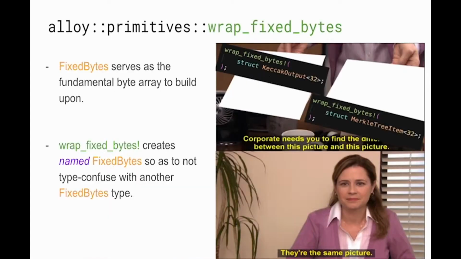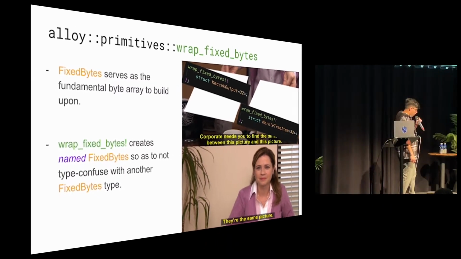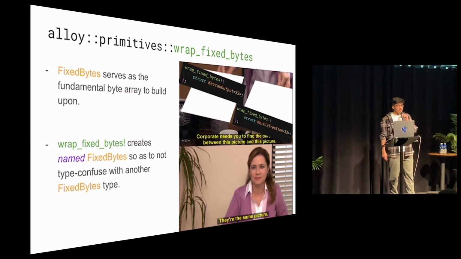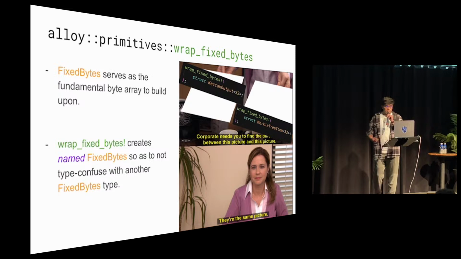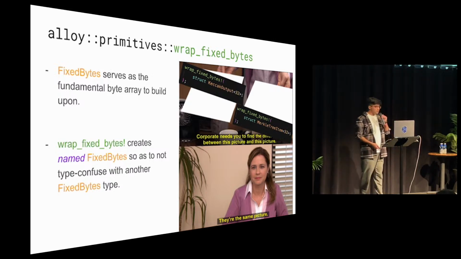So a little bit diving into the wrap_fixed_bytes macro. The problem you face while developing in EVM land is that a lot of these things are represented by hashes, sometimes of the same length, sometimes of different length. And the most common is the 32-byte hash. Now, the Keccak output is also 32 bytes. The Merkle tree item is also 32 bytes.